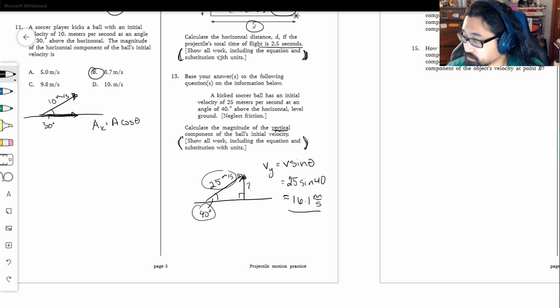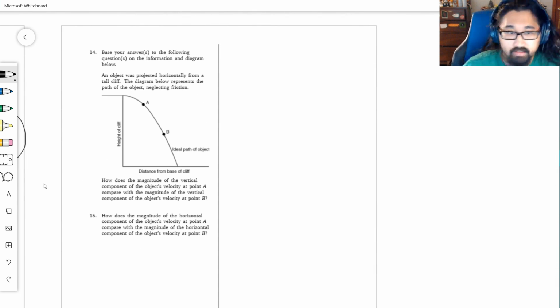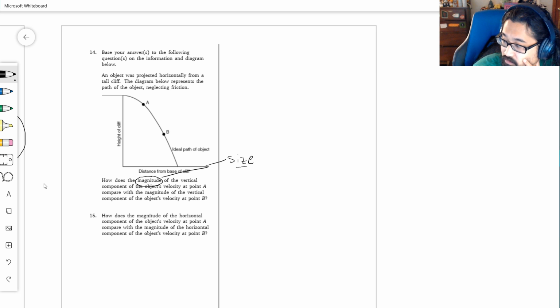Last 2 questions, just more physics. How does the magnitude, remember that magnitude just means size, of the vertical at point A compare to the vertical at point B? So how fast is it falling here, compared to here?